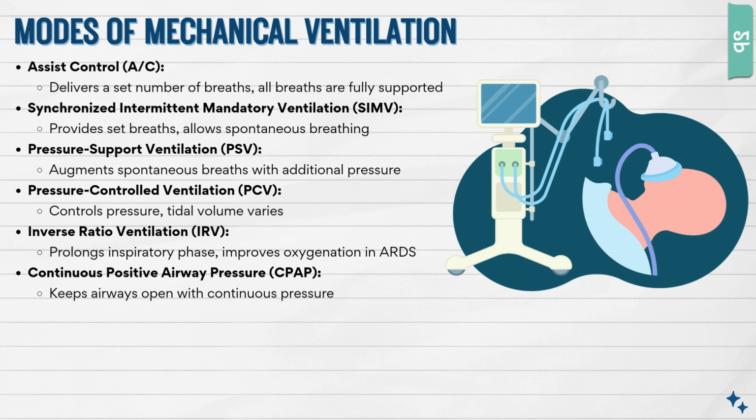But this does require heavy sedation because it's super discomforting to the patient. It helps keep the inspiration longer and slower so that gas exchange can happen, and then exhalation. But it can cause a lot of anxiety in patients. That's why it's not that common, but it's used a lot in ARDS.